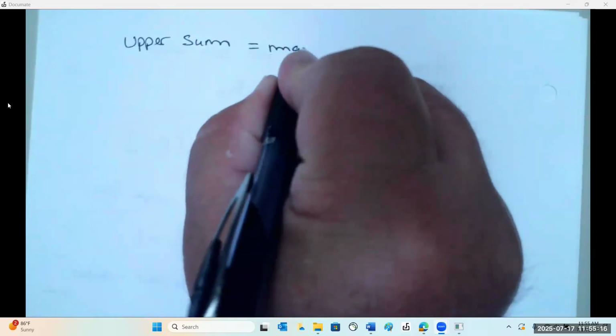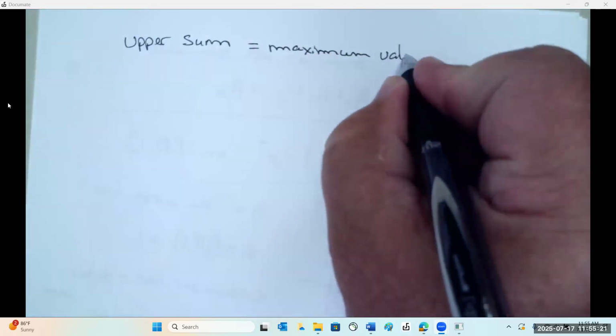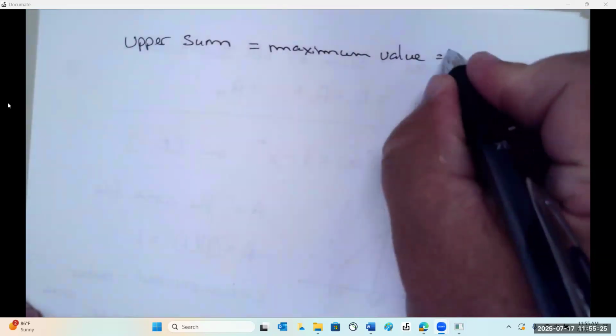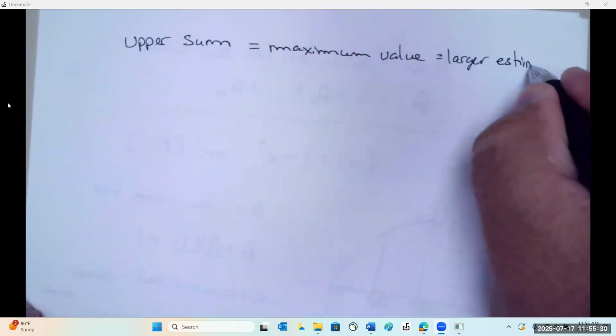So when we say upper sum, we're talking about the maximum value, and it's the larger estimate.